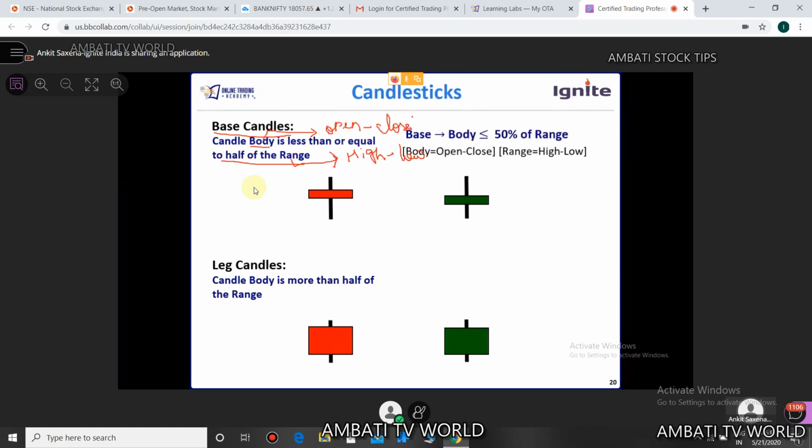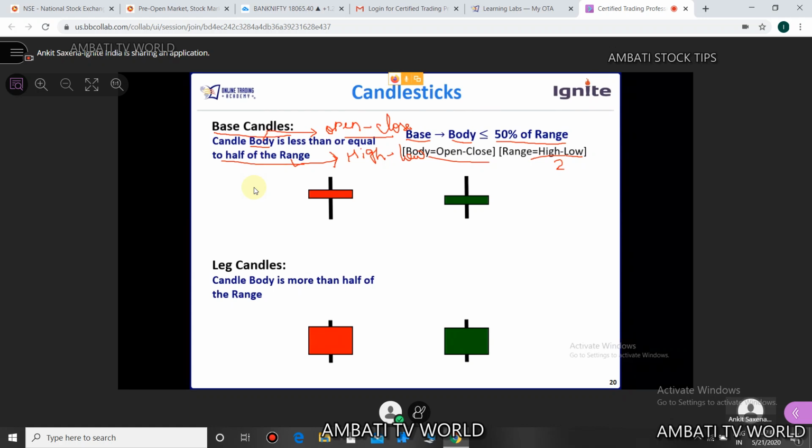So a base candle is when the body, meaning the difference of open and close, is less than or equal to 50% of the range. Range is high minus low. Now divide the range by 2 and take 50% of the range.